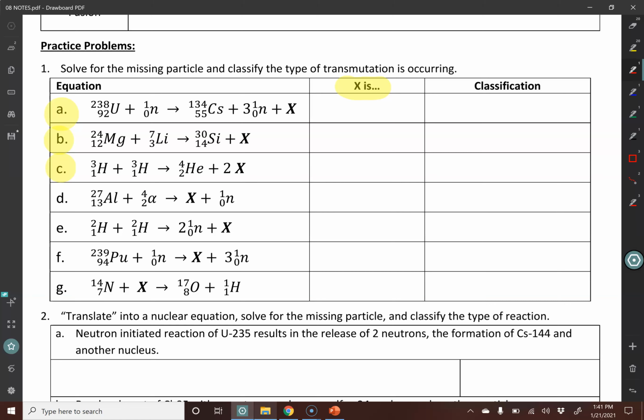Make sure the masses are the same on both sides. Make sure the charges are the same on both sides. So 24 plus 7 is 31. I already have a mass 30 on the product side, so X must have a mass of 1. I've got 15 for a total number of protons on the reactant side. I've got 14 over on the products. So my particle must have a charge of 1 as well.